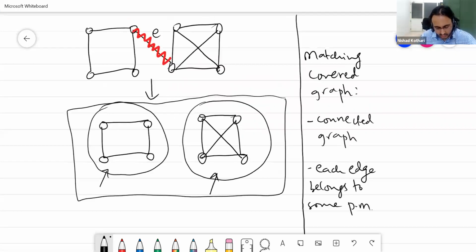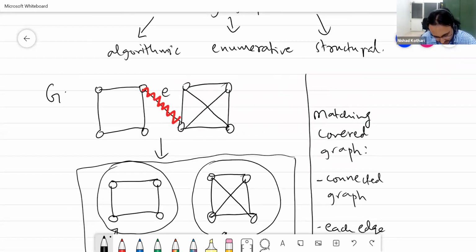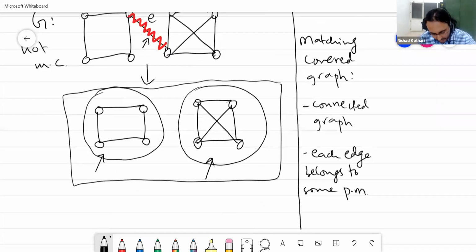So in particular, the graph I drew here, G, is not matching covered because this edge does not belong to any perfect matching. However, these two smaller graphs, G1 and G2, you can check that they are matching covered. They are connected graphs, and every edge belongs to some perfect matching. Is this definition clear?